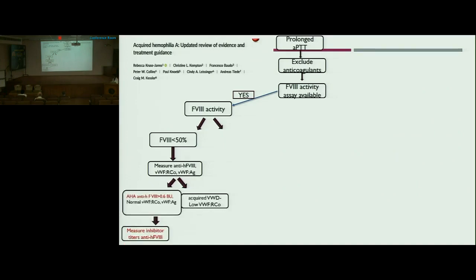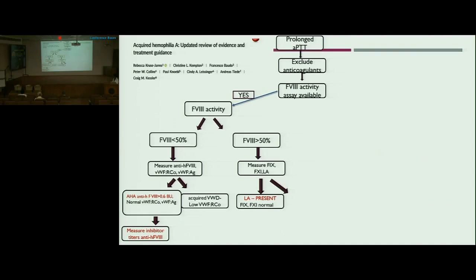If the factor 8 antibody is more than 0.6 Bethesda units with normal von Willebrand ristocetin cofactor and antigen, measure the inhibitor titers of factor 8. If factor 8 is more than 50%, measure factors 9, 11 and the lupus anticoagulant. If lupus anticoagulant is positive, go to APLA. If the levels of factors 9 and 11 are low, then measure the inhibitor titers for factors 9 and 11 by the Bethesda assay.